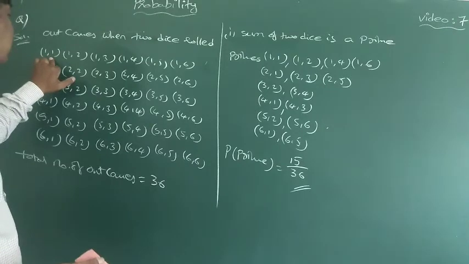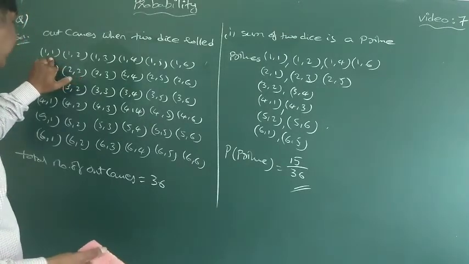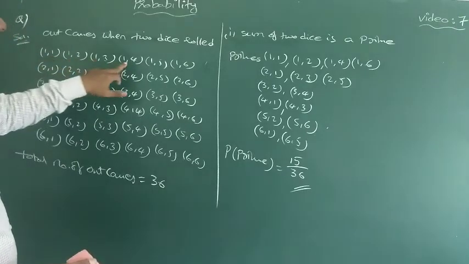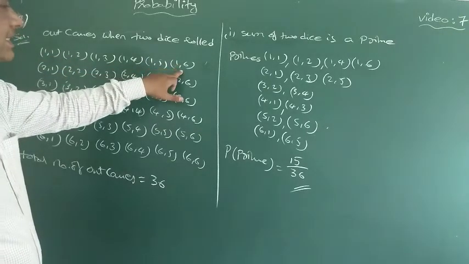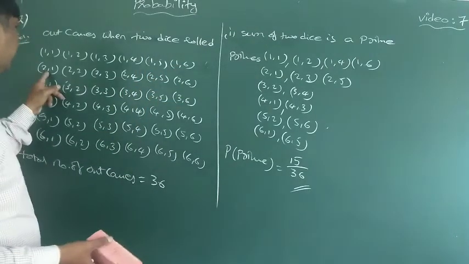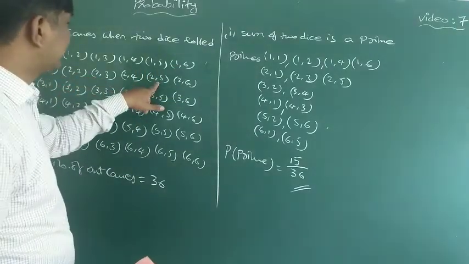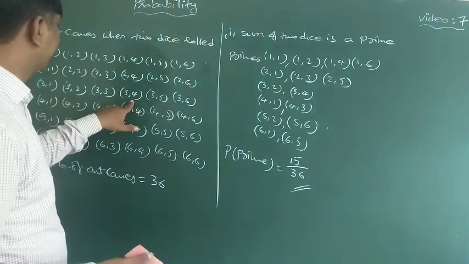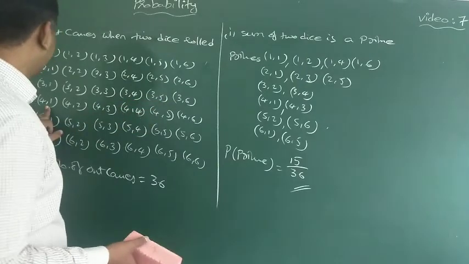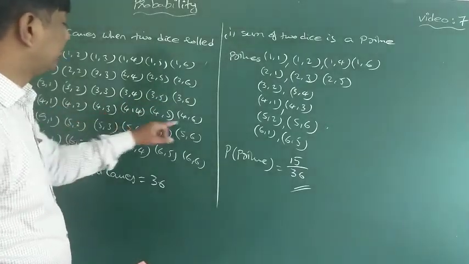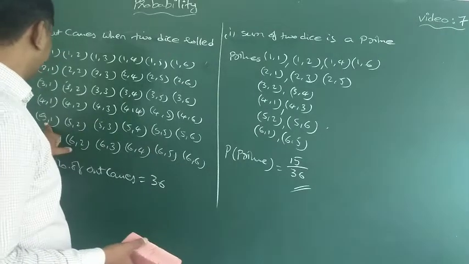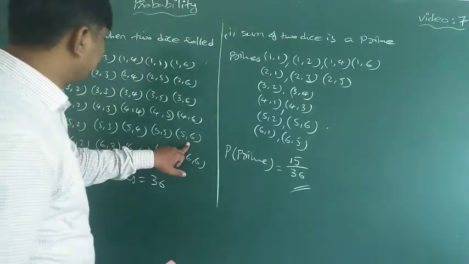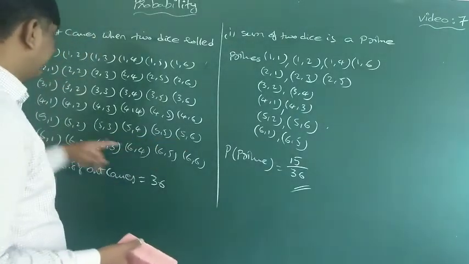At most here I took every possibility. 1 plus 1 is 2, 1 plus 2 is 3, 1 plus 4 is 5, 1 plus 6 is 7. Then 3, 5, 7, then 5, 7, then 7, 11.